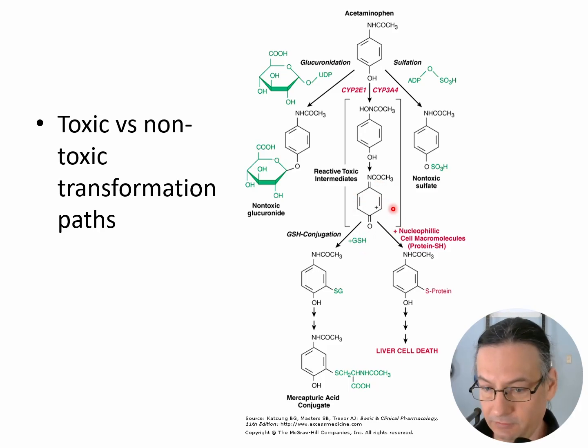Now, normally, this would only exist for a fraction of a little time period, essentially, and would then get conjugated itself. So it could get turned into something that is non-toxic through GSH glucuronide combination, where we're going to basically take a sulfur-bearing group and make it into a non-toxic version.